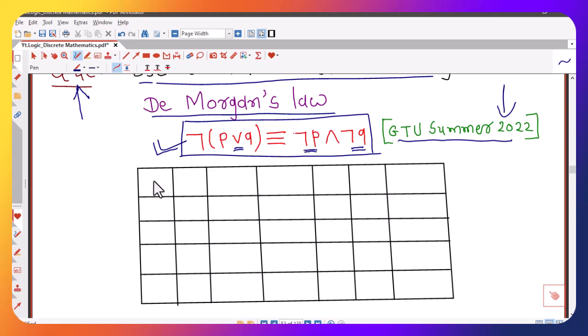Here we have two variables P and Q. On the left hand side we will require P or Q, and after that negation of P or Q. On the right hand side we require negation P, negation Q, and then we join them by the logical connective AND, negation P and negation Q. These two are logically equivalent, therefore the columns corresponding to negation of P or Q and negation P and negation Q must be the same, and that is the requirement.